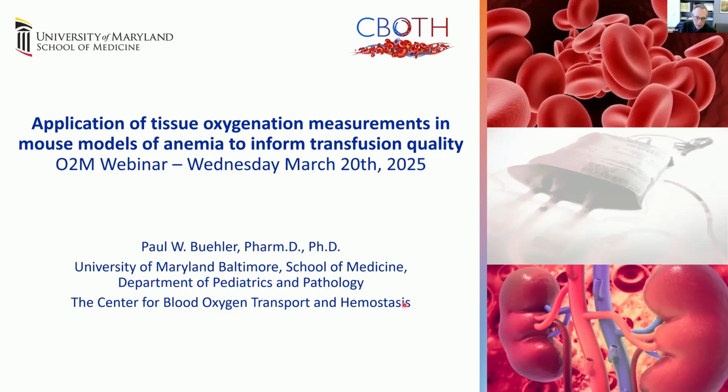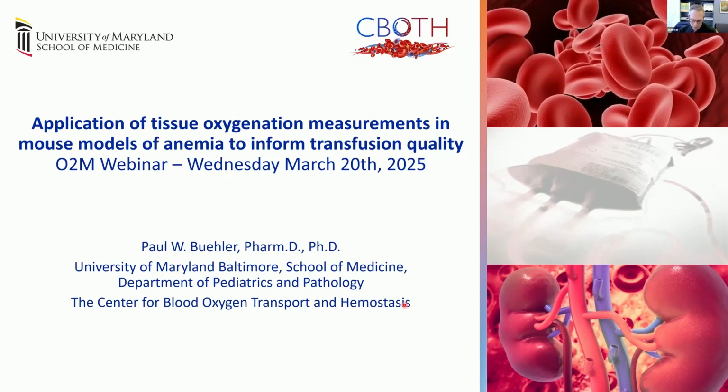So what I wanted to talk about today is some of the approaches that we're taking to look at tissue oxygenation, primarily based on transfusion. I've been trying to set up various techniques here at the Center for Blood Oxygen Transport since I moved from FDA, and I've worked with several people in the field to do that.